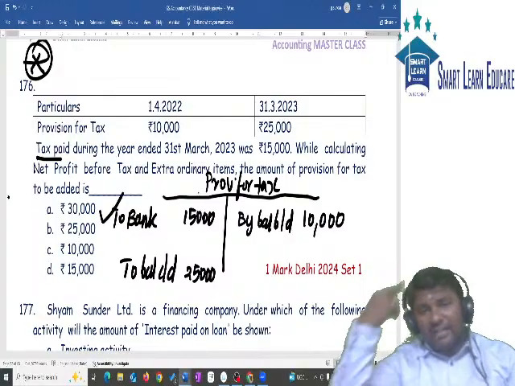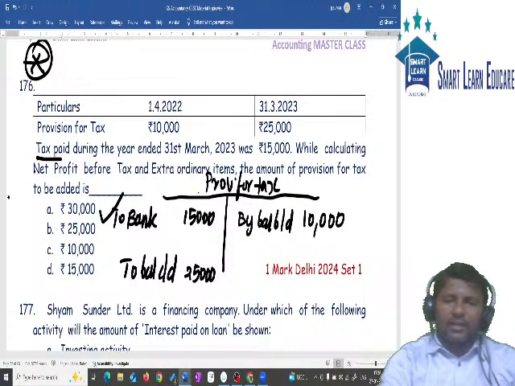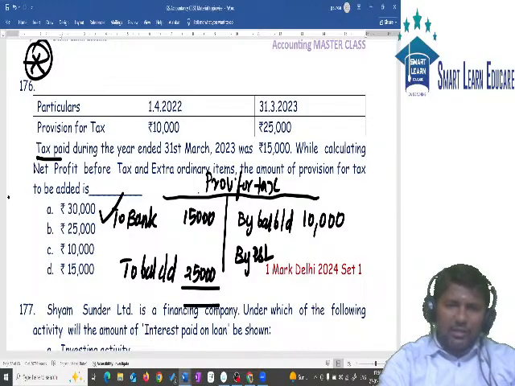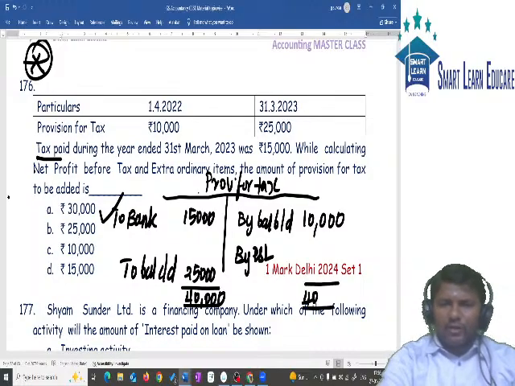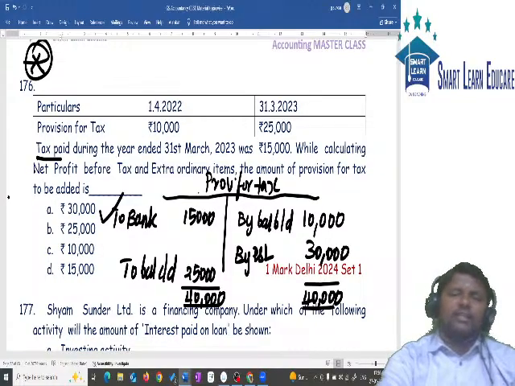But when you add the amount, what is the amount to be added? By P&L amount should be added. அப்போ what is the amount of by P&L? 15,000 plus 25,000 will give you 40,000. 40,000 minus 10,000. Net P&L, how much provision is created in the current year?